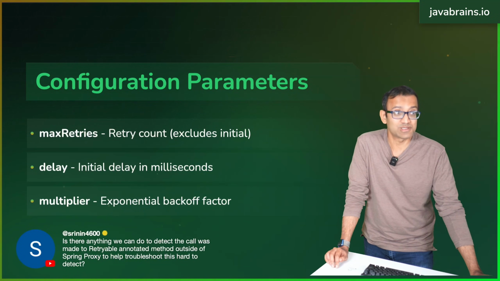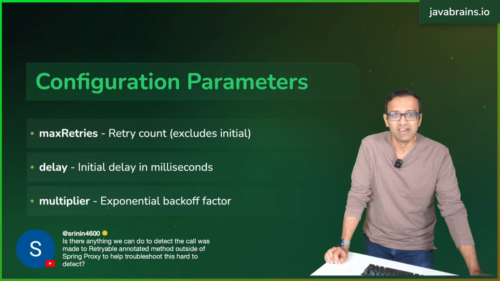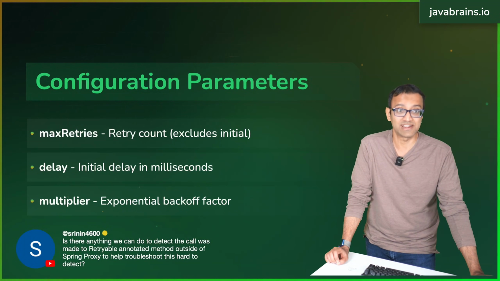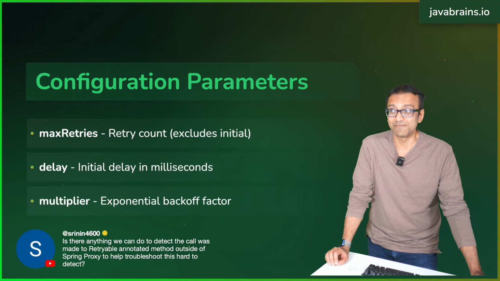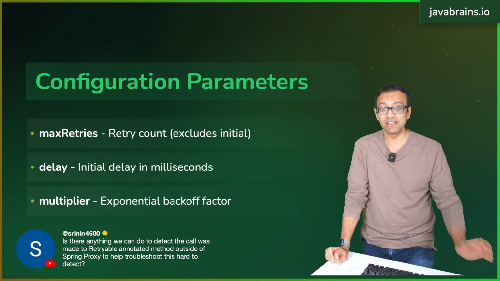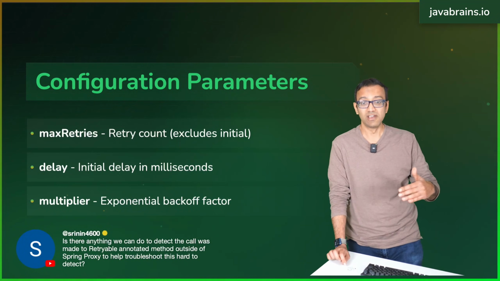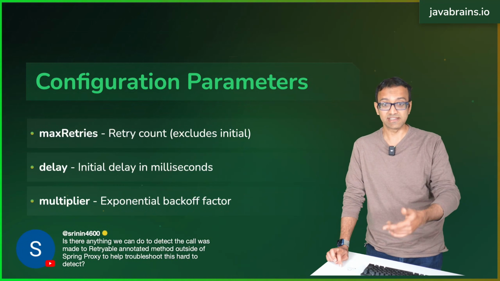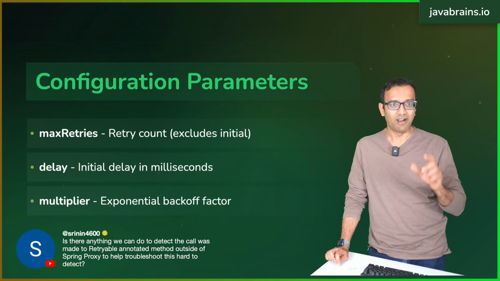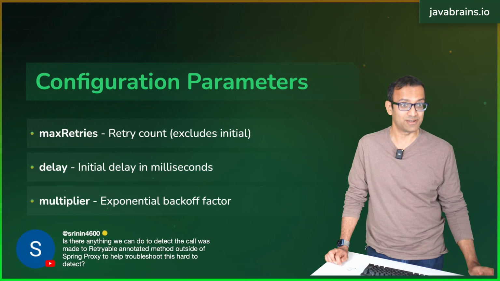Well, if it didn't go through the Spring Proxy, Spring really cannot help you with it. You're going to have to find a way to handle it directly. Like, you can't use Actuator for tracking those kinds of things. So I think static code analysis would help in that case. You can literally look at all the invocations of that code in your code base and find that out. I think that's an easier problem to solve. Or I'm misunderstanding your question, I don't know.